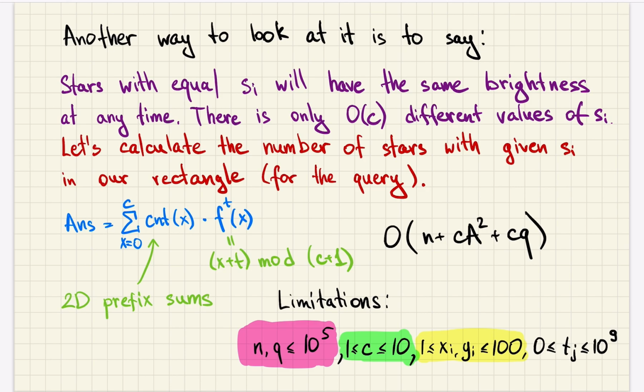And the other very important thing is that you need to look at all the limitations that you have. If you just look at this and ignore all of that, it looks like we have 100,000 objects and 100,000 queries, and they're on a plane, and there are some updates with time, and there is actually a billion of updates because time can be up to a billion.